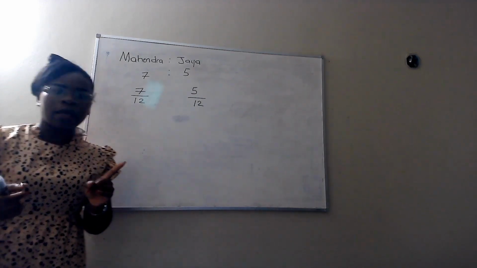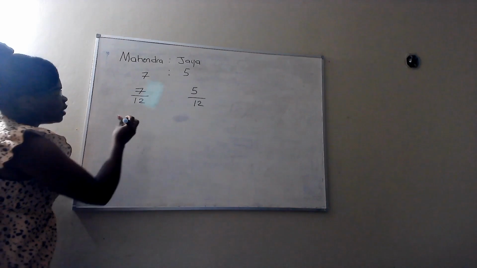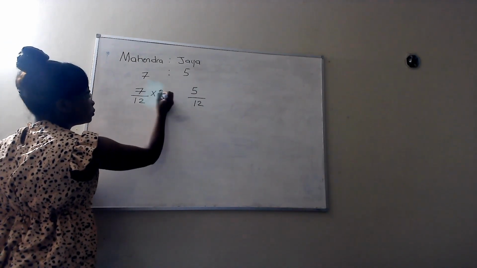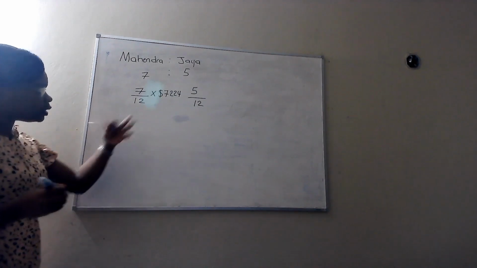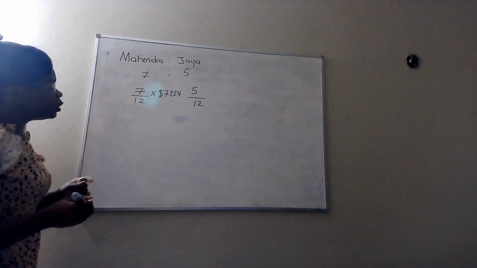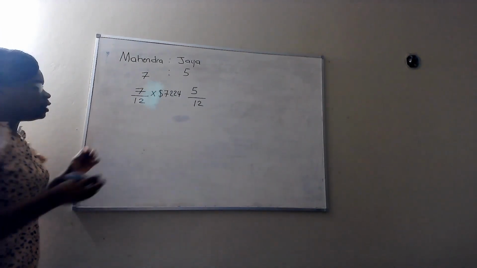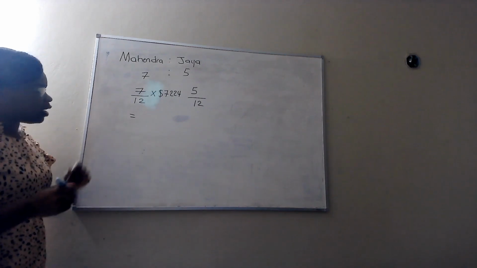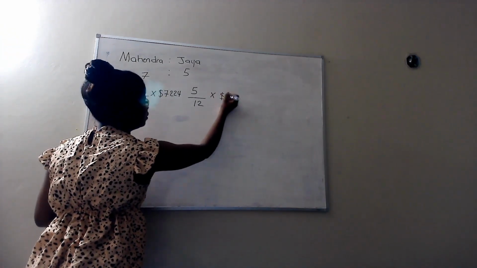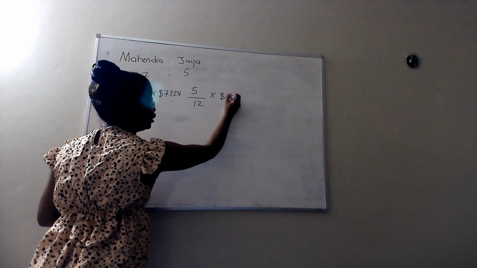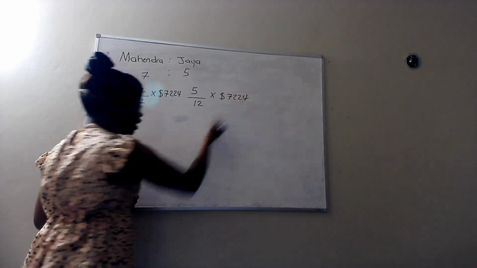Well, the total amount is $7,224. Just by multiplying by $7,224, that can tell me how much Mahendra got, and doing the same thing here can tell us what Jaya got.